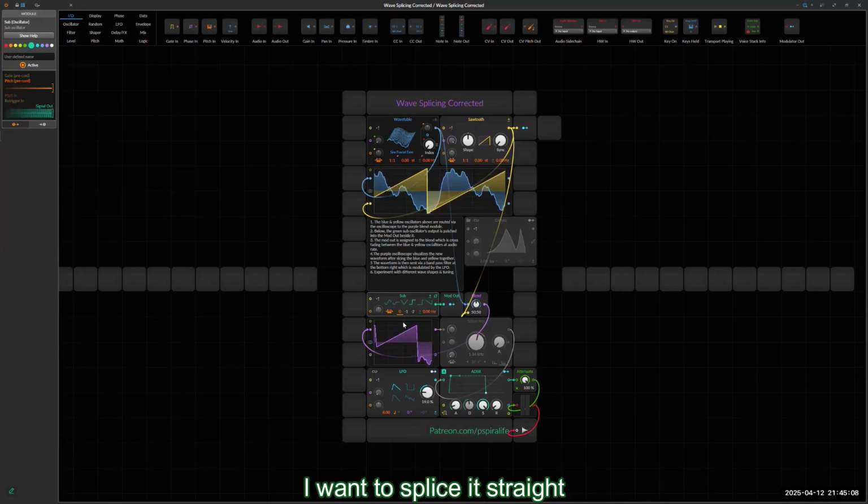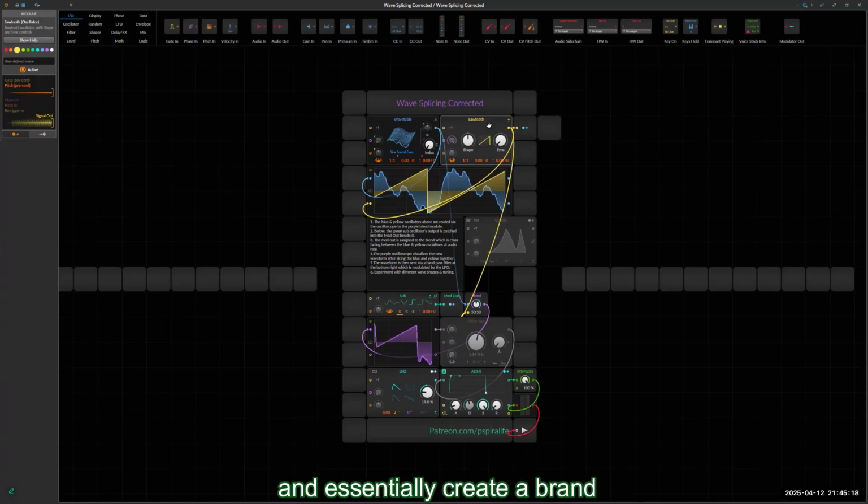I want to splice it straight down the middle so that the first part of the waveform is the wavetable and the second half is sawtooth, and essentially create a brand new waveform, a 50-50 mix of both, switching at the same frequency between the two.